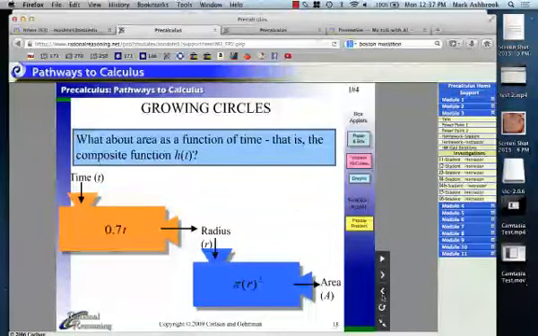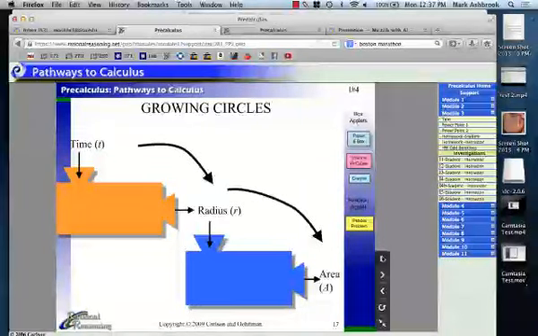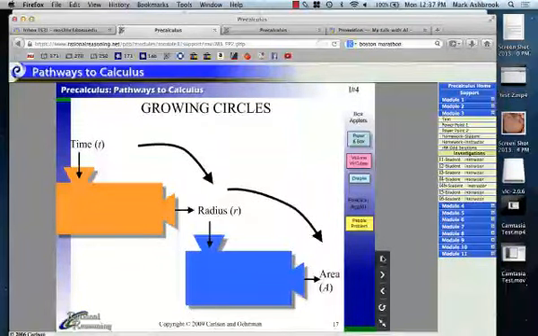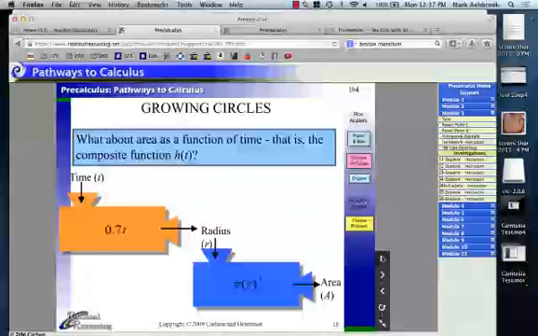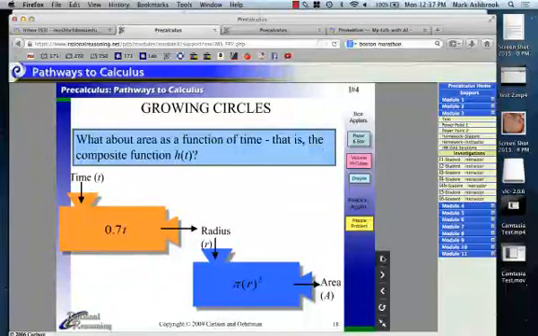So let's see a visual of it. This is nice. So here is time goes into F, gives radius. Then we put radius into G, and it gives us area. That's what we did first. So time gives radius, radius gives area. Two-step version of composition.